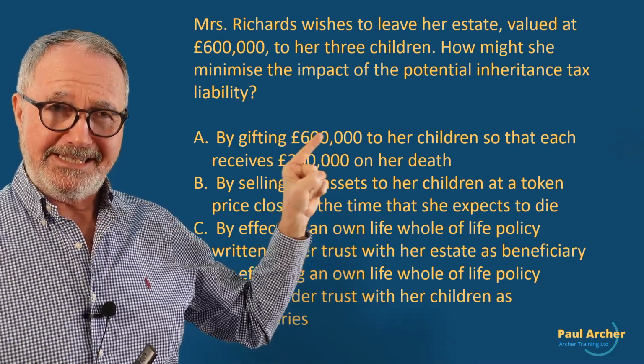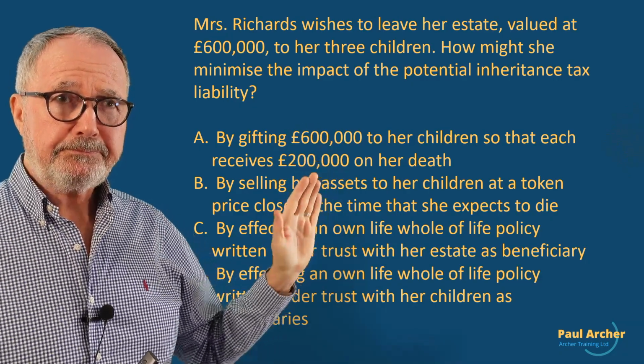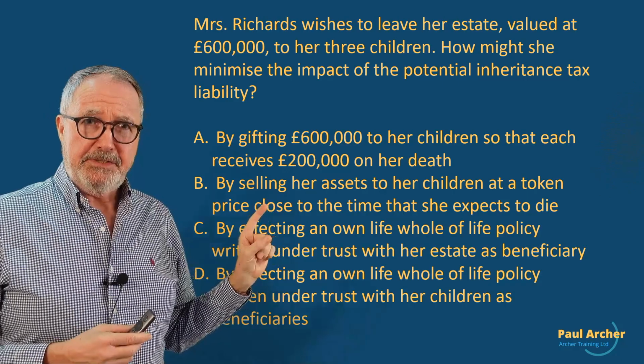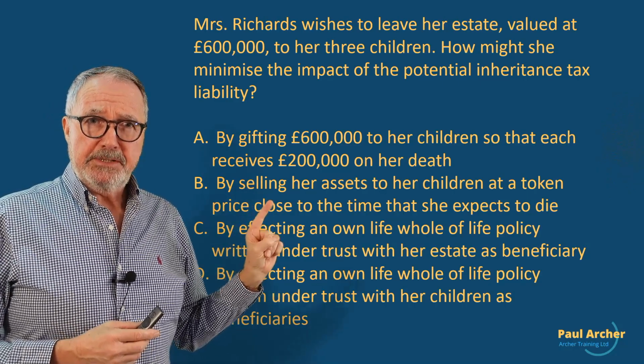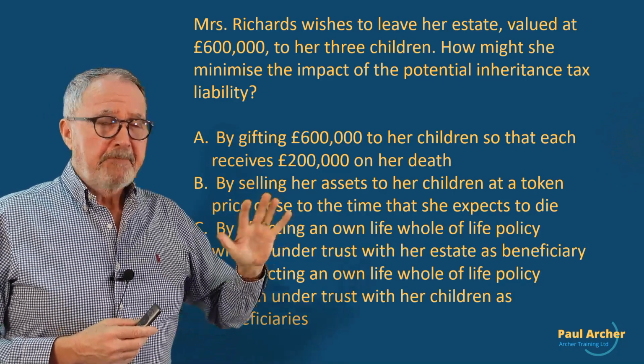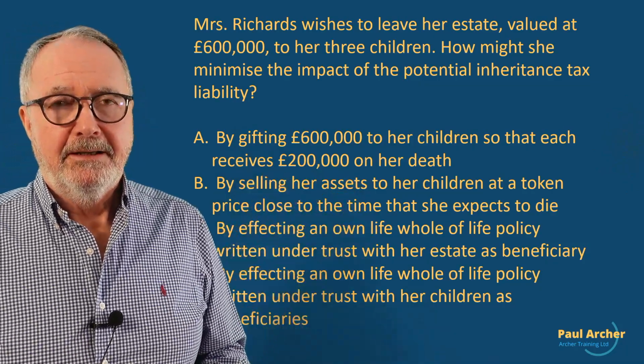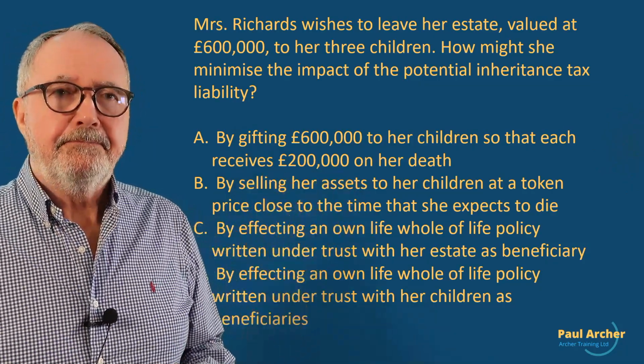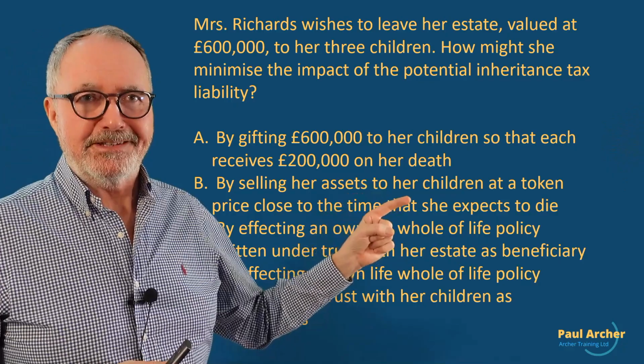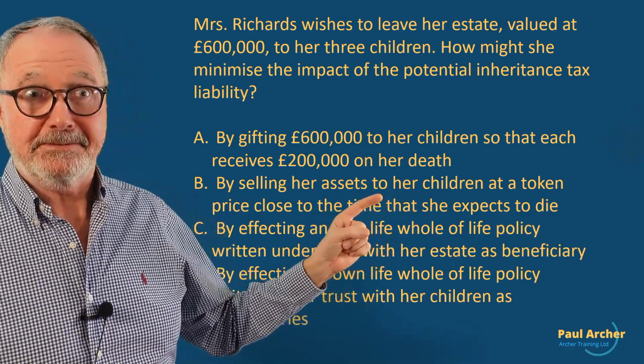You're liable against the estate, not how much you give to the kids. By selling her assets to her children at a token price close to the time that she expects to die. That's just like that Turner painting example. That won't achieve anything. That'll create a PET. But close to when she expects to die, so the 7-year rule, she won't live the 7 years, will she?